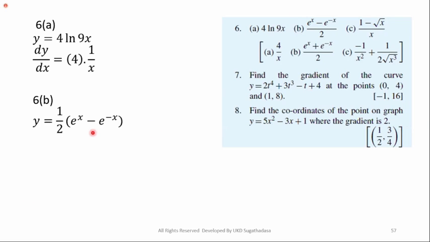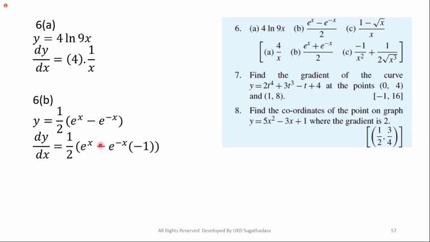6b, the difference of two exponential functions: e to the x minus e to the power minus x. You can differentiate separately, because you can take the half as a constant. e to the x differentiation gives the same function. For the second part, you have to differentiate e to the power kx, where k is minus 1. The differentiation of e to the power kx is k e to the kx. That is what we get: minus e to the minus x, the same function multiplied by minus 1. Because so many minus signs are there, we have to be very careful.